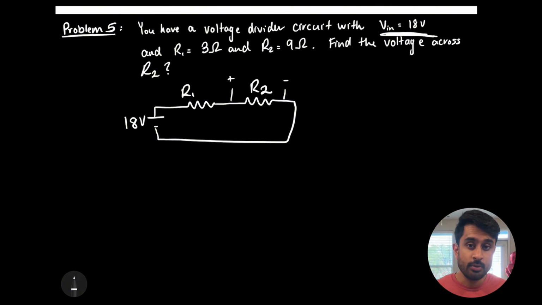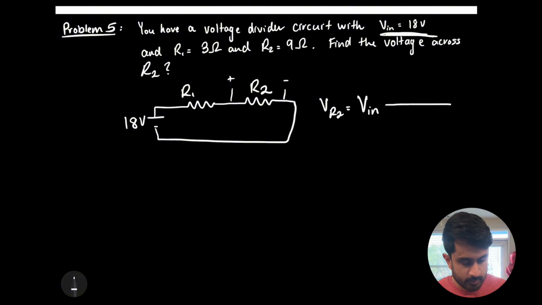Let's first write down the voltage divider equation. The voltage divider equation, VR2, is going to be equal to Vin multiplied by R2 over R1 plus R2. In this case, all we have is the equation. We simply need to plug and chug and we get our final answer.